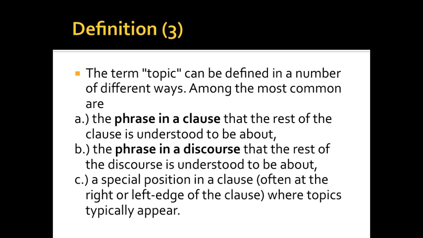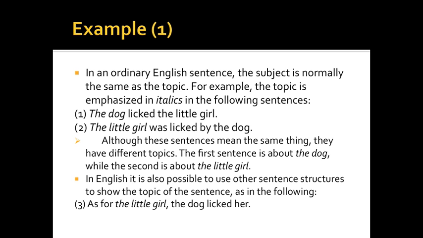And C, a special position in a clause, often at the right or left edge of the clause, where topics typically appear. In an ordinary English sentence, the subject is normally the same as the topic. For example, the topic is emphasized in italics in the following sentences.